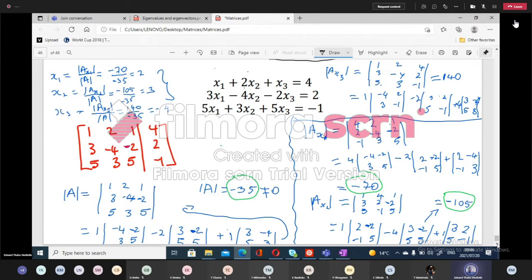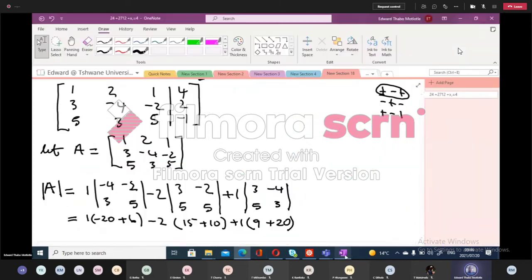So this means I made a mistake somewhere. Okay. Let me check if I copied the system correctly. I think the system is okay. Let's go and check our mistake. Where did I make a mistake?